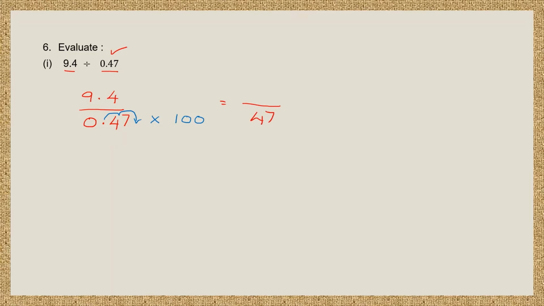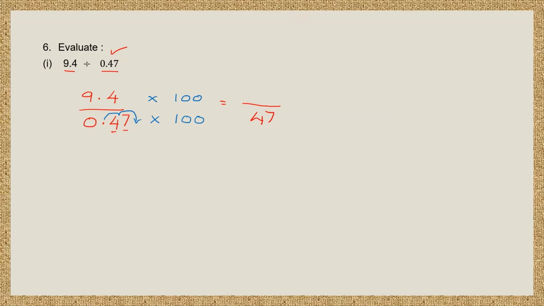So 0.47, because there are 2 decimal places, I'm multiplying it by 100. The point goes and it becomes 47. But I must remember, when I multiply the denominator, I need to multiply the numerator too, again by 100.